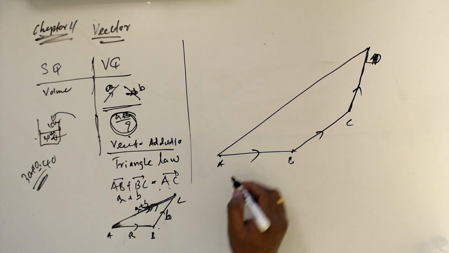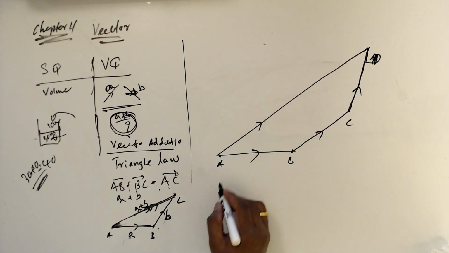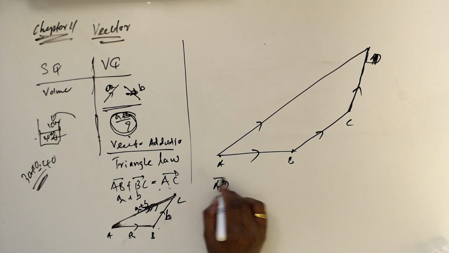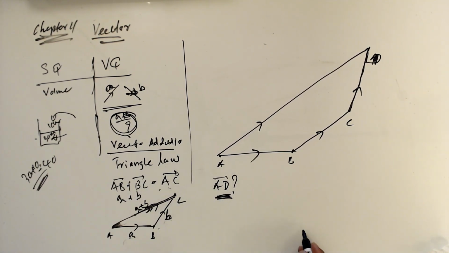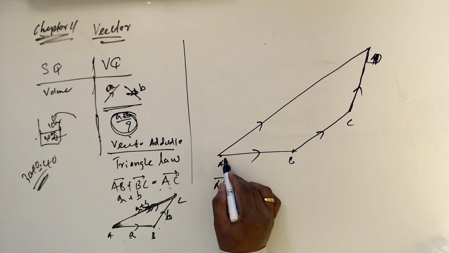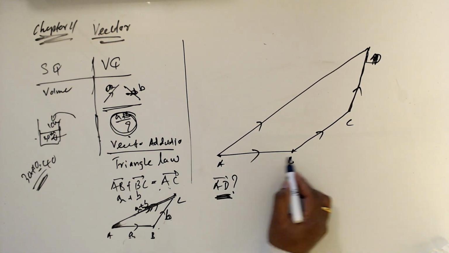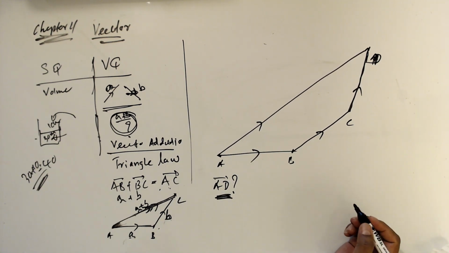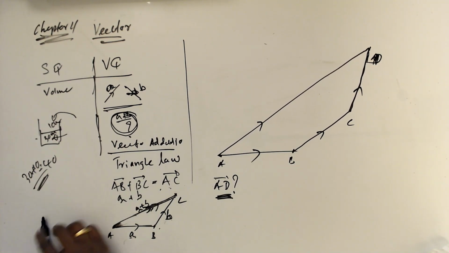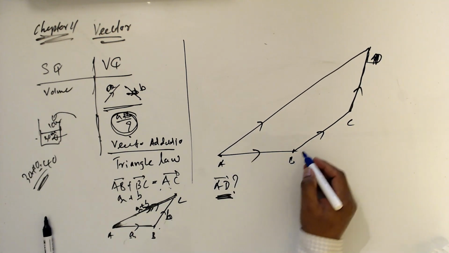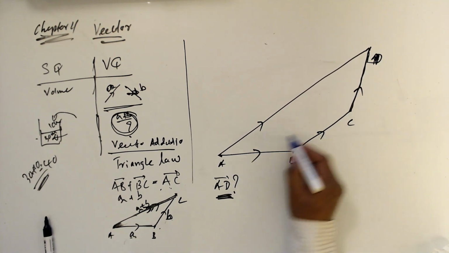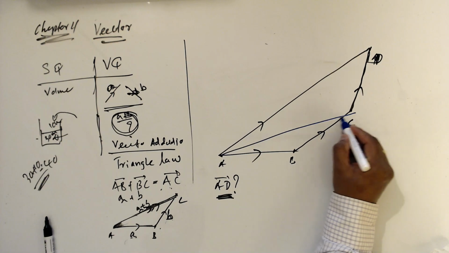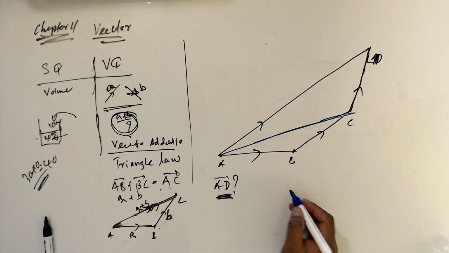I want to find what is AD. Then there is no triangle to apply the rule. So I make a triangle here. This is one base, this is another one. Okay, this is a triangle.